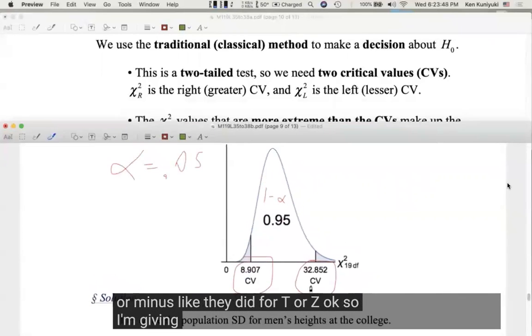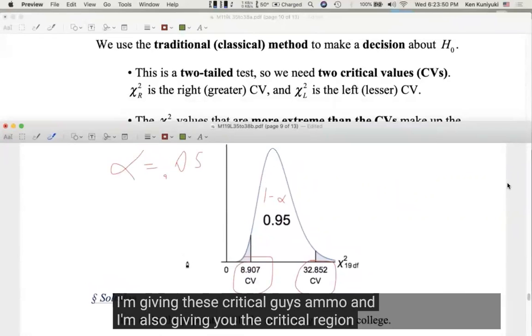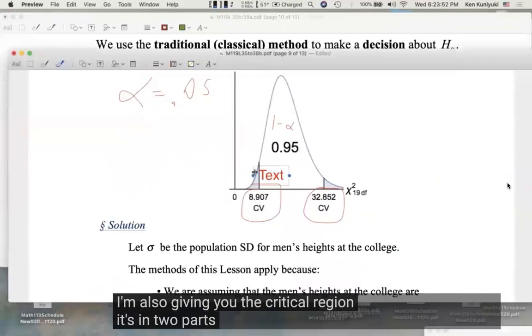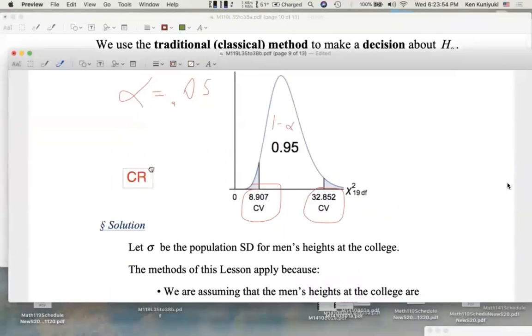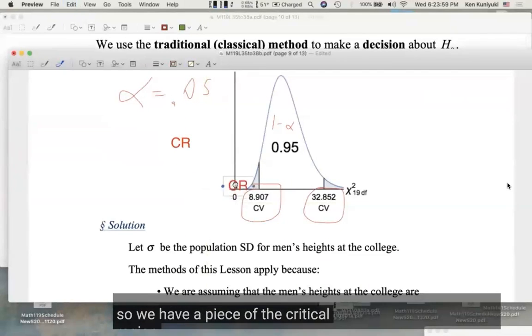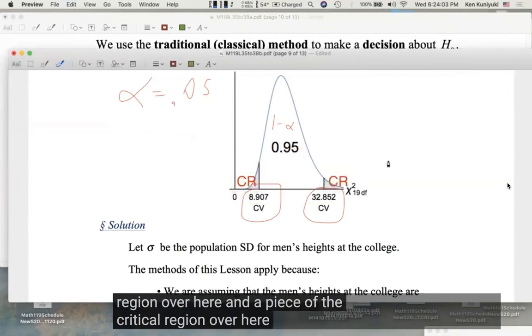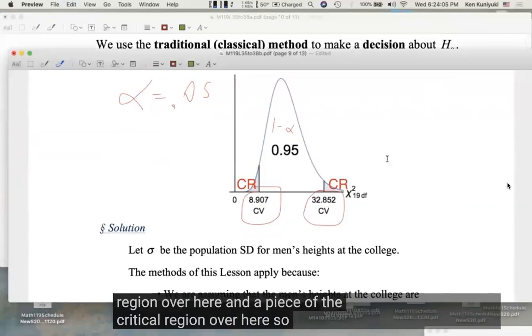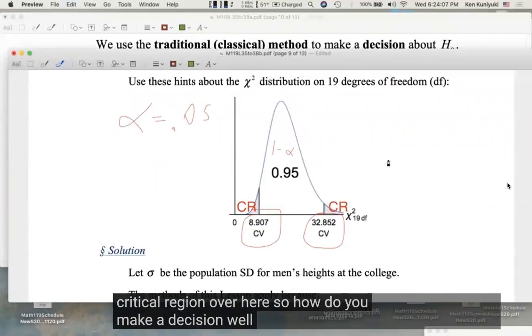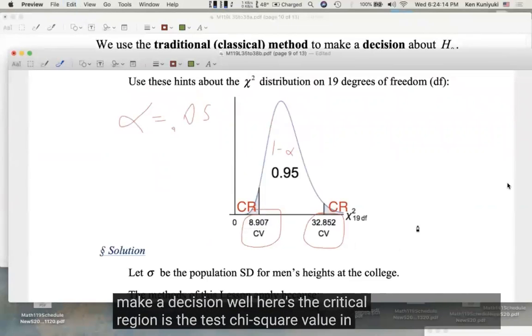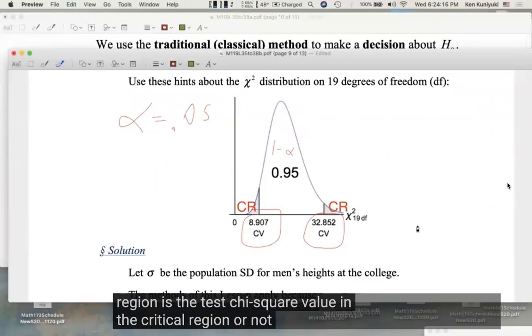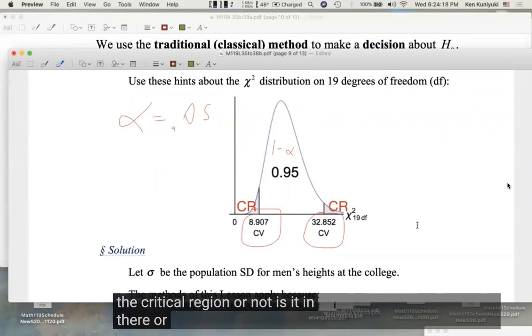I'm giving these critical values, and I'm also giving you the critical region. It's in 2 parts: a piece of the critical region over here, and a piece over here. So how do we make our decision? Is the test chi-square value in the critical region or not?